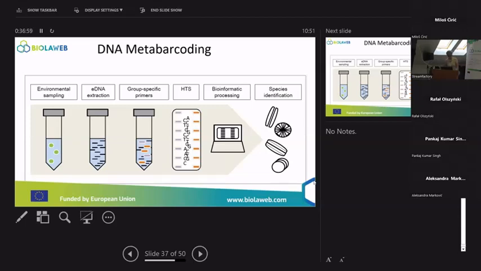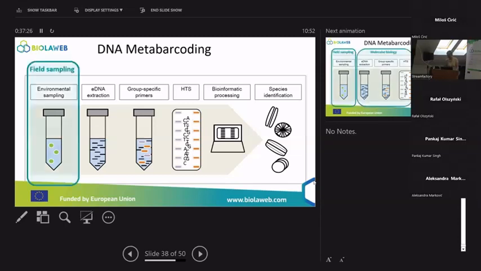Then you will go through HTS, that stands for high throughput sequencing, to obtain the reads of the different organisms that are in this environmental sample. And through bioinformatic processing, you will try to identify the species that are composing this sample.